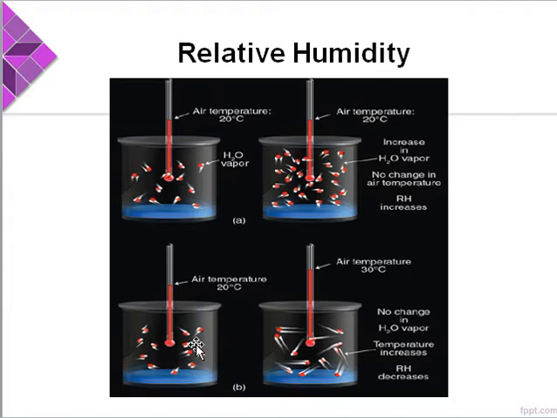Condensation then becomes more likely as the air approaches saturation, and the relative humidity will tend to increase. In summary, I want you to remember, with no change in water vapor content, an increase in air temperature lowers the relative humidity, while a decrease in air temperature raises the relative humidity.